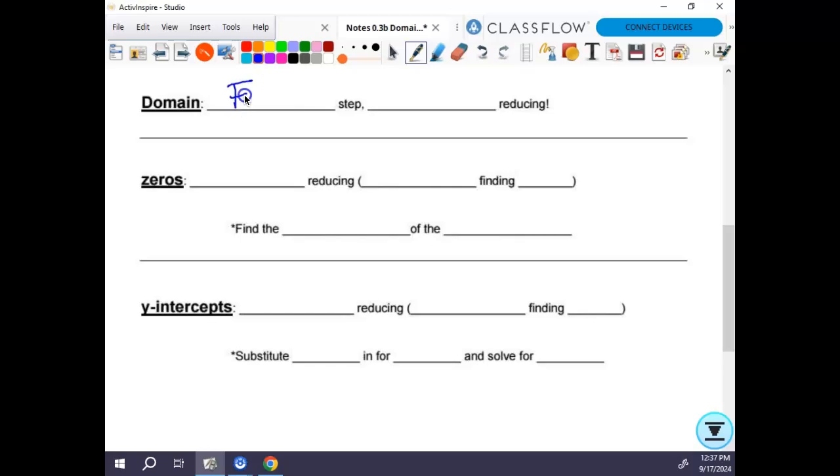This is the first step. That's very important. Yesterday, our first step was the holes, but this actually has to happen before the holes. So it's the first step before reducing. Okay, so you have to look before you reduce.